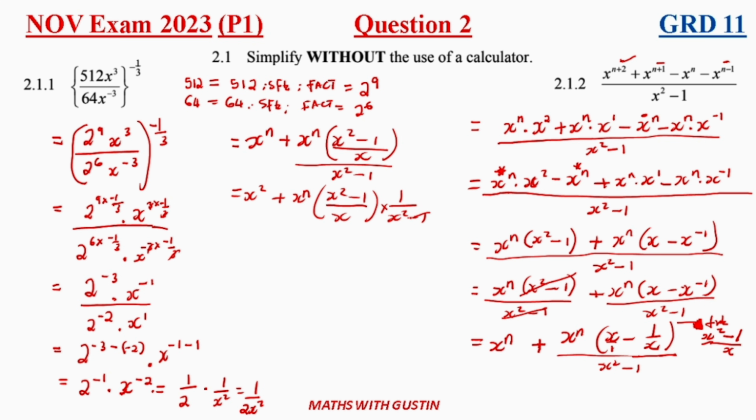All right, so therefore x squared minus 1, x squared minus 1 would cancel out. Sorry guys, here is to the power of n. I wrote x squared there. Here we go. And then therefore you're going to be left with x to the power of n plus x to the power n over x. And that's how you would simplify a question like this.